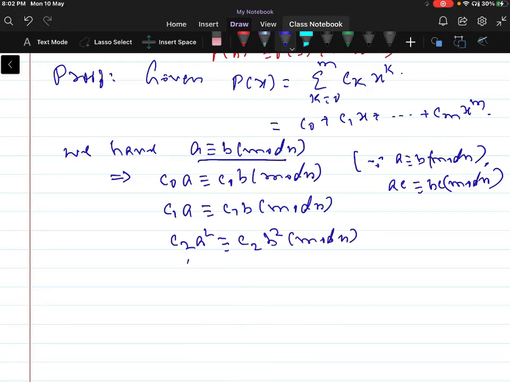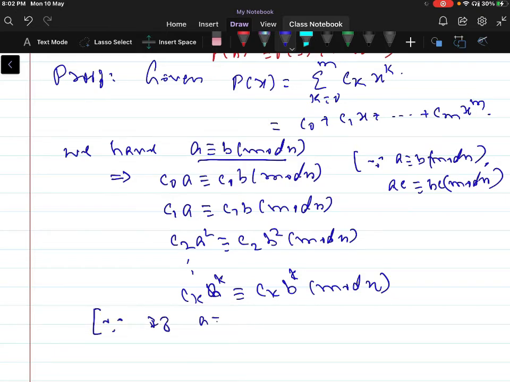Similarly, we can write c_k into a power k is congruent to c_k into b power k modulo n, since if a is congruent to b modulo n, then a power k is congruent to b power k modulo n also.